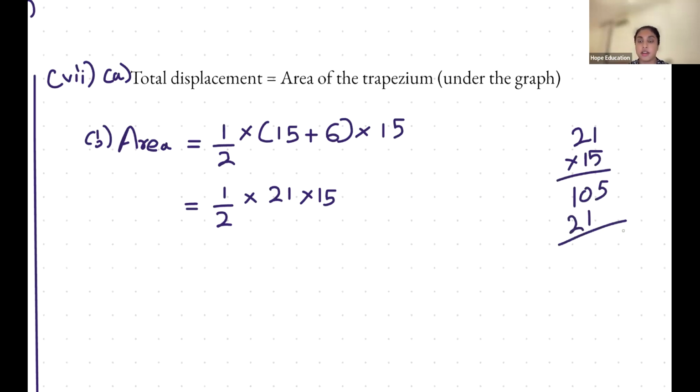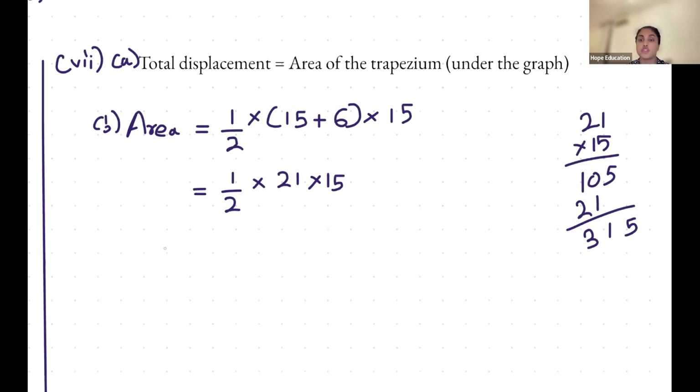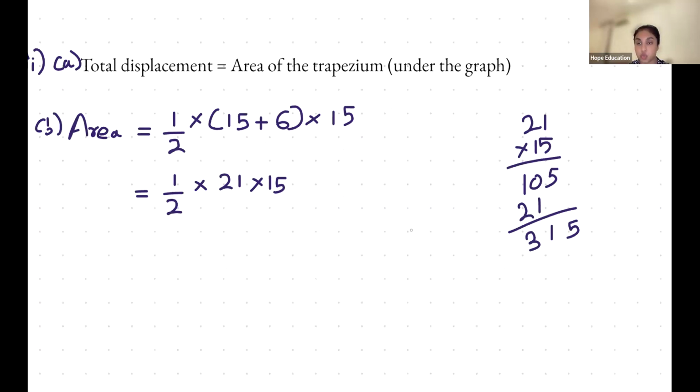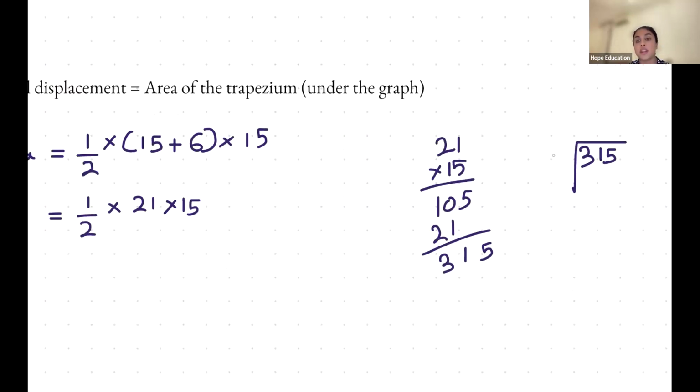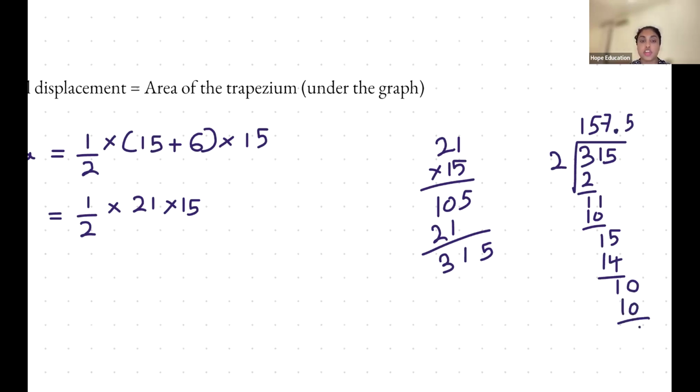So 315, and I have to divide by 2. 2 times 1 is 2. 1 is remaining and I take this 1 down. 2 times 5 is 10. 11 minus 10 is 1. I bring this 5 down. 2 times 7 is 14. 1 remaining. I put a 0 and I put a decimal mark. 2 times 5 is 10. So 157.5.